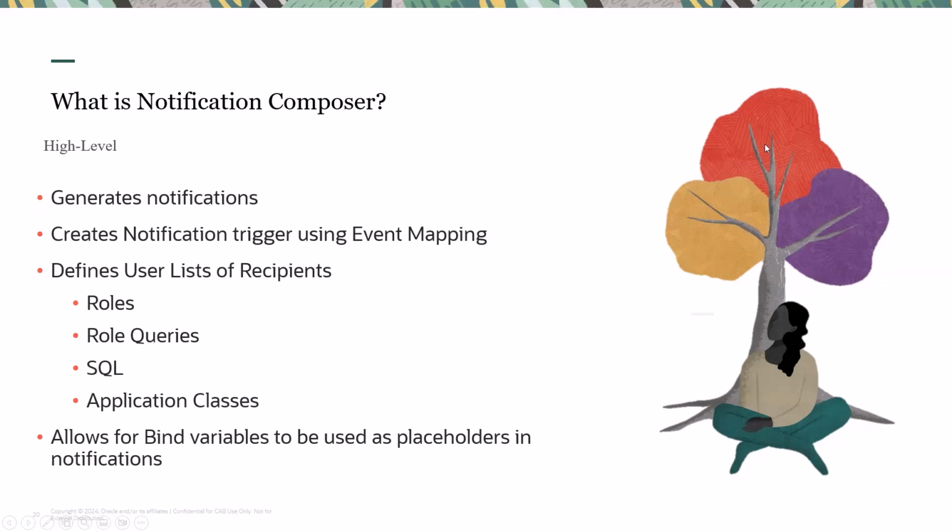So at a high level, it generates notifications. It creates a notification trigger using event mapping. It defines user lists of recipients. There's a lot of different ways. Some of these are roles, role queries, SQL, application classes. It allows for bind variables to be used as placeholders in notifications.